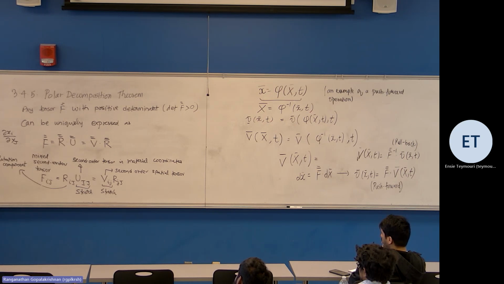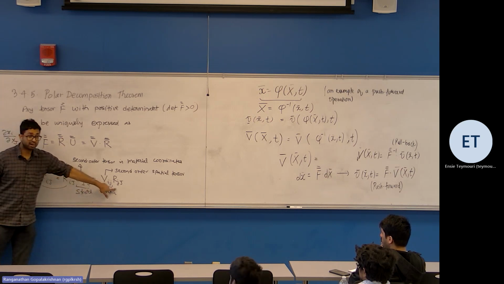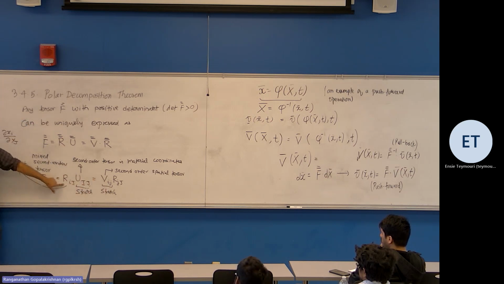The physical interpretation of this splitting is I am writing any deformation as the product or the sequence of a rotation followed by a stretch, which could be tension or compression, or a stretch followed by a rotation. What I'm saying is the rotation happens first, followed by a stretch in the material coordinates, or vice versa.